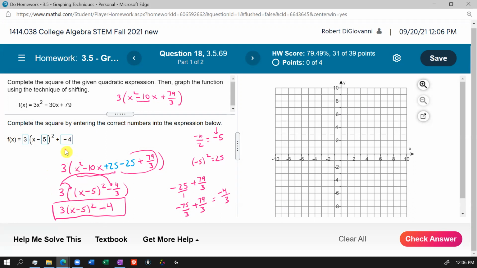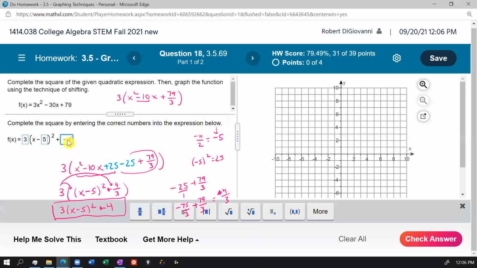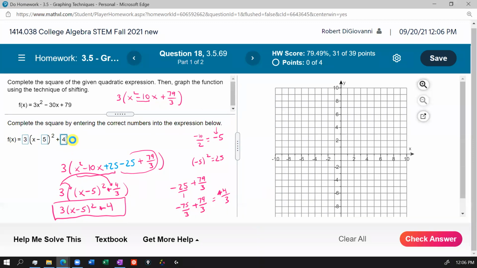What's going on here? Oh, shoot, I see what I did. This was a positive 4/3 here. Sorry, positive 4/3, positive, positive. That should be a plus. My fault. Getting a little bit too lazy here.